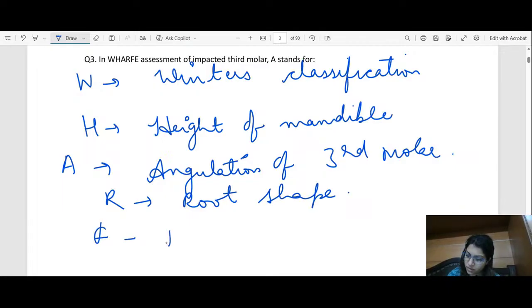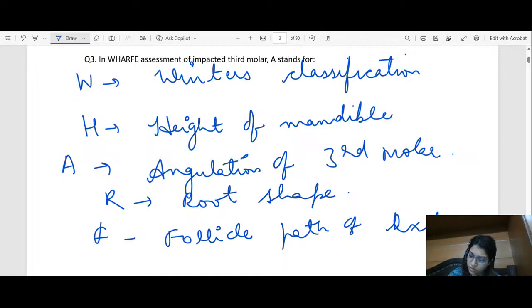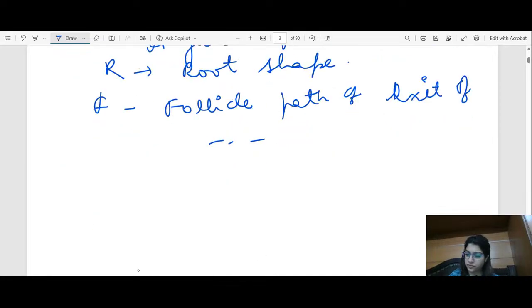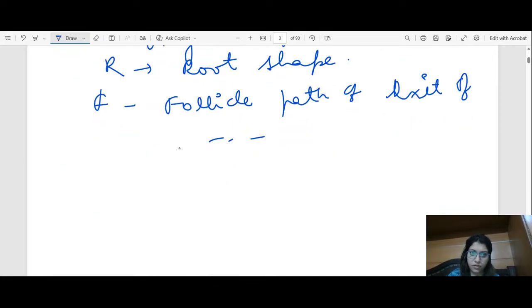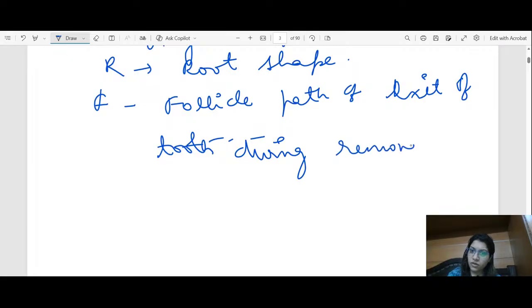F is the follicle, path of exit of the tooth during removal.